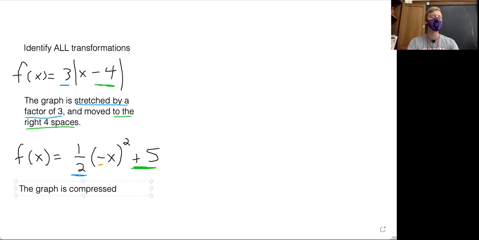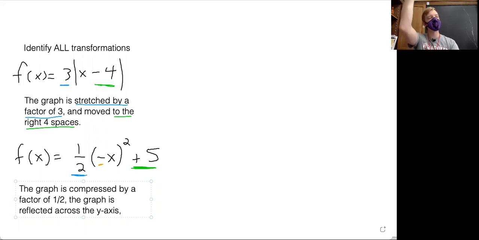because that is between 0 and 1. 1/2 is between 0 and 1. The negative sign in front of the x will reflect us across the y-axis. And the +5 will move us up 5 spaces, because that's outside of the parentheses. That is going to move us up or down.